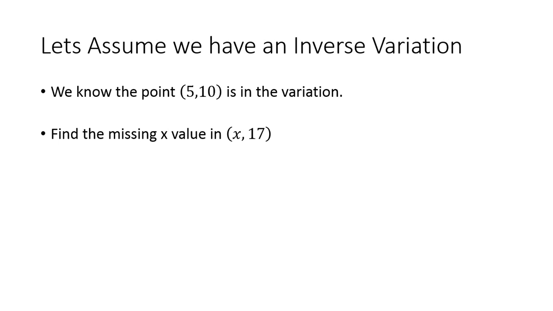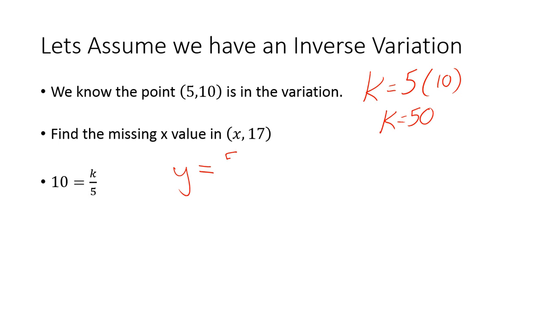So again, easiest way to find k is just to multiply the x and the y that you have. So k would equal 50, which then gives us our equation of y is equal to 50 over x.